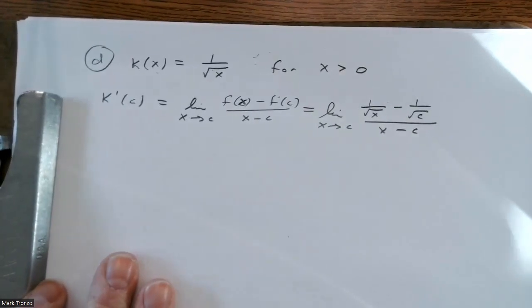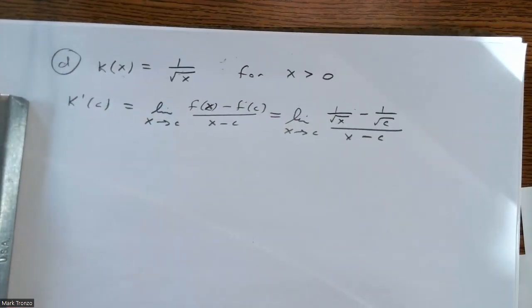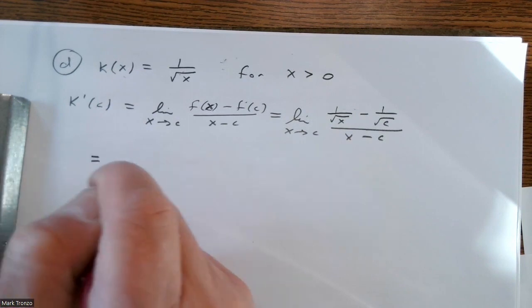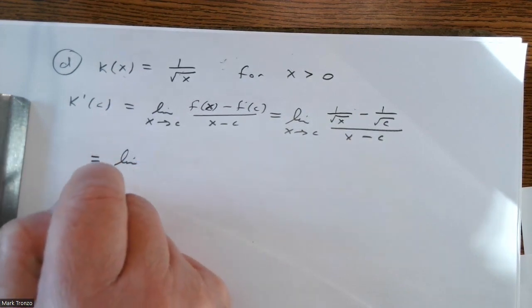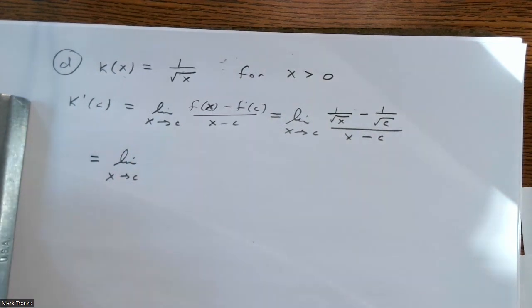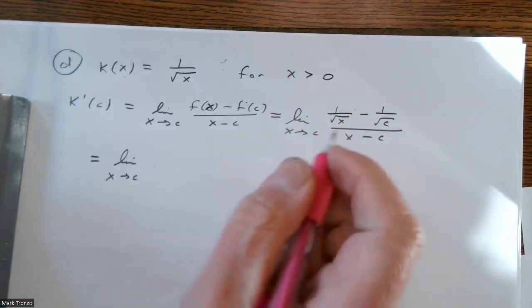And then so we have that. Then again, there's probably a lot of ways to do this. Maybe we can find a common denominator. Yeah, let's try that common denominator.